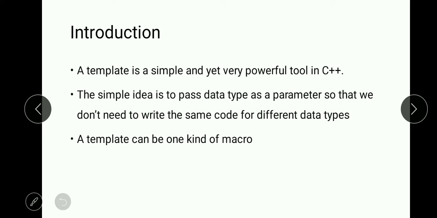So in normal case, we have to write three different functions, one for integer, one for float, and one for character. So instead of that, we can write one particular function and we apply the template concept on that function so that the code gets reduced and we can apply the three different data types on the same function.